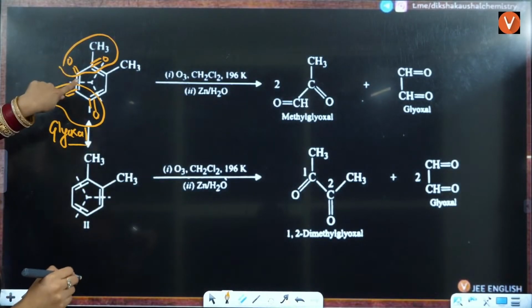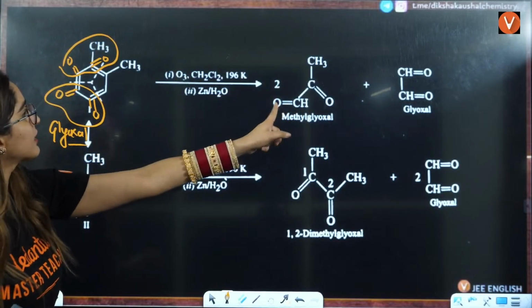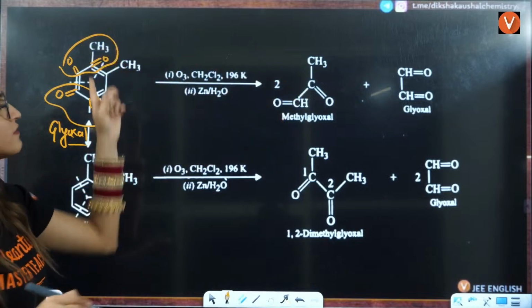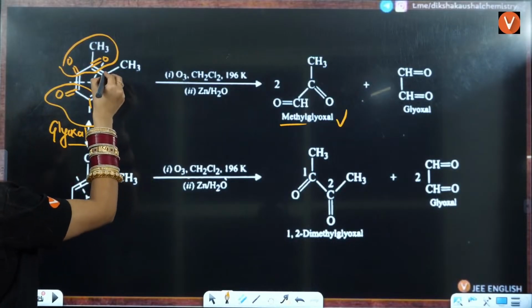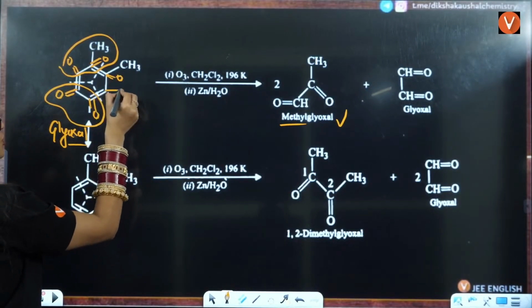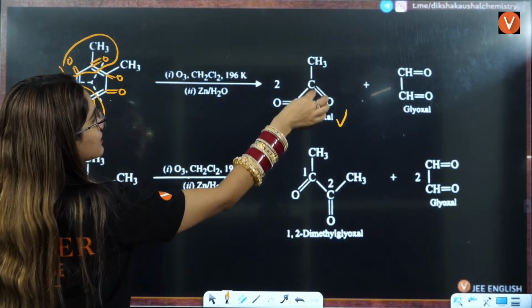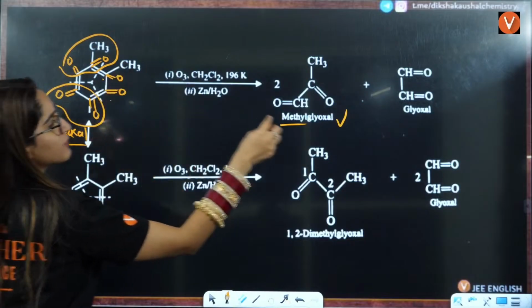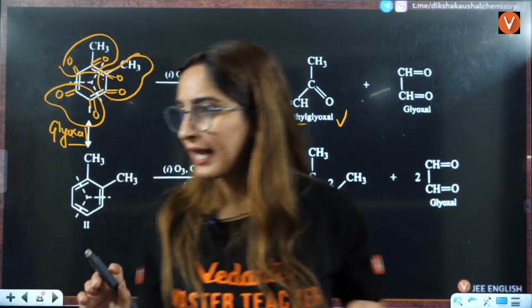This C double bond O, then you have C double bond O, right? Then you have C which is having C double bond O, then you have CH3. That is going to give you methyl glyoxyl, right? Here you will have double bond O, here also double bond O. So this is one C double bond O, right? Then you have one carbon which has double bond O and then has CH3. So this also is going to give you the same compound, right?